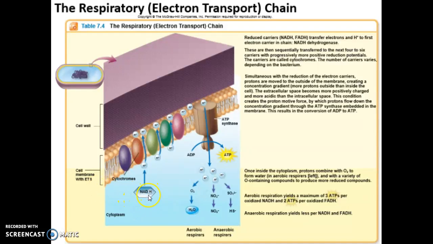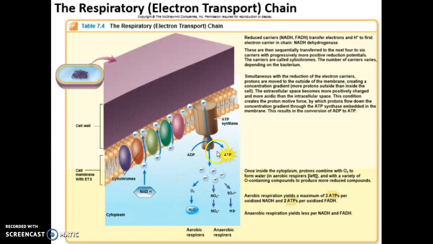So NADH and FADH2 come in and bring that hydrogen. The hydrogen gets pumped across the plasma membrane. The electrons get carried from one protein to the next. The hydrogen comes back through the plasma membrane, through this ATP synthase.